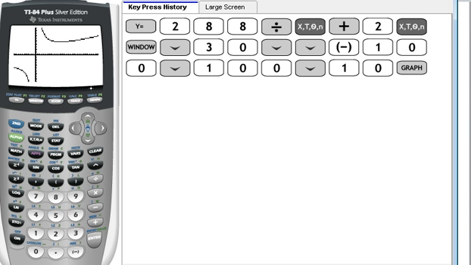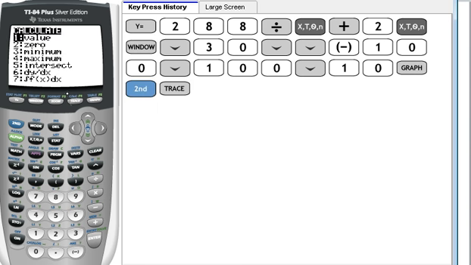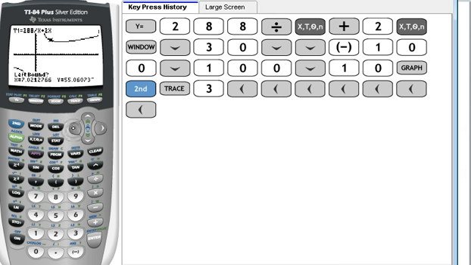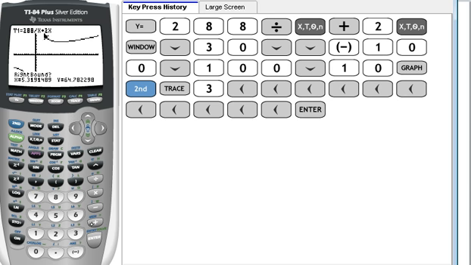We're going to use second trace 3 for minimum. And we're asked to find a left bound. I'm going to go to the left a little bit to get away from the area where the minimum occurs. Then I'm going to press enter.